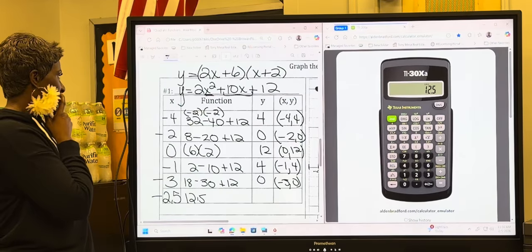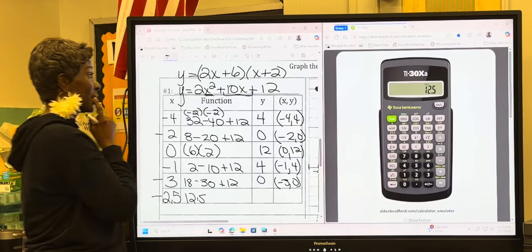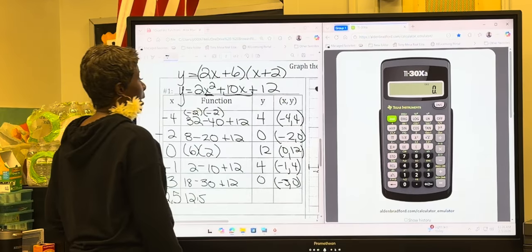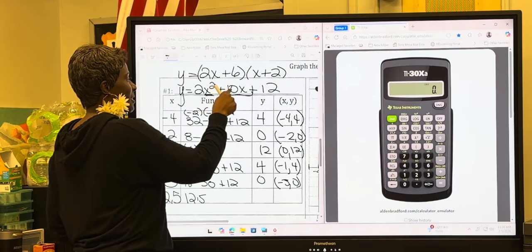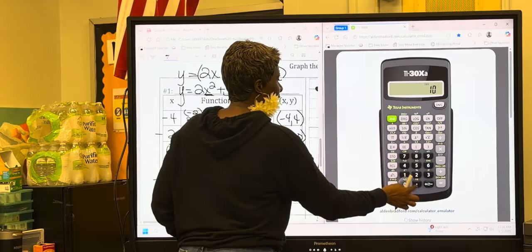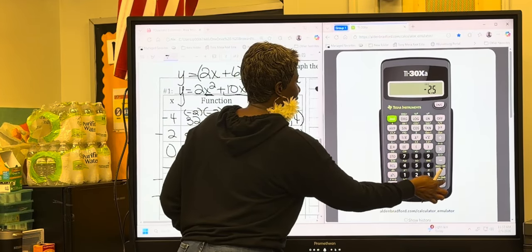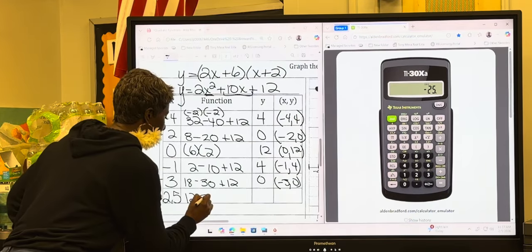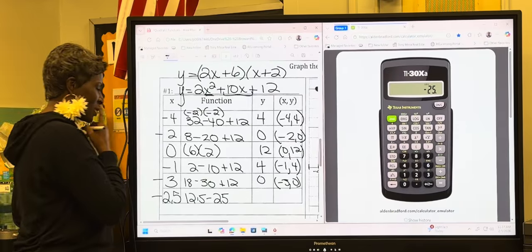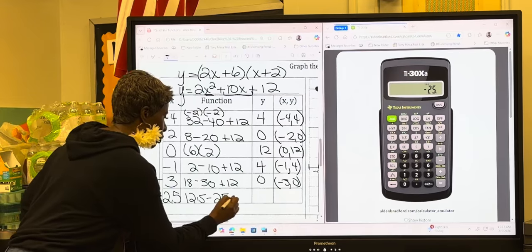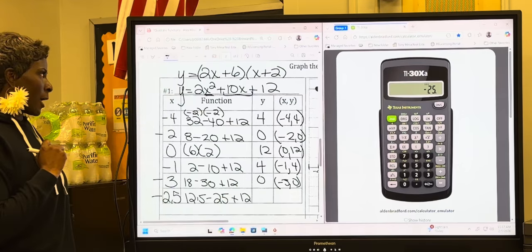Now what am I gonna do? Minus 25. What am I gonna put in the calculator? From left to right, what do I put in? Negative 2. Start with this. 10 times negative 2.5 equals, what do I get? Negative 25. And then what's the last thing I'm gonna do? Plus 12. Everybody good?